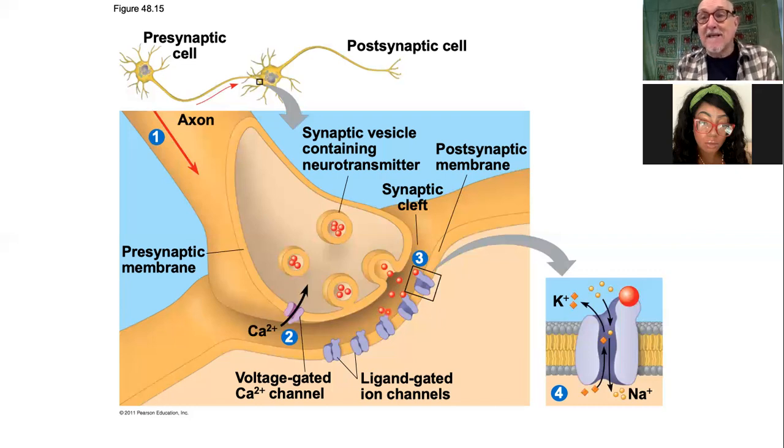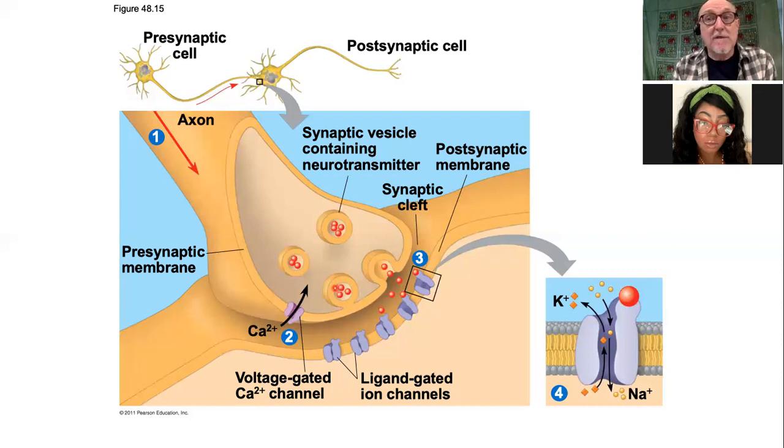The ligand in this case is a neurotransmitter. Neurotransmitters are manufactured by the nerve cells, and they are stored at the axon terminal in vesicles, and those vesicles release their contents only when an action potential arrives.